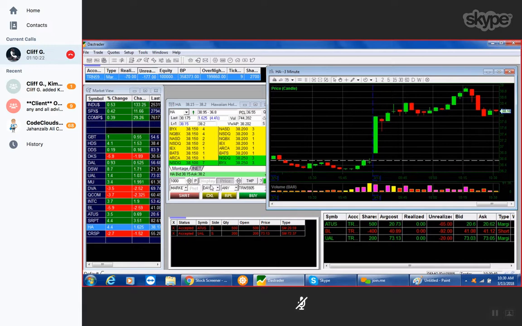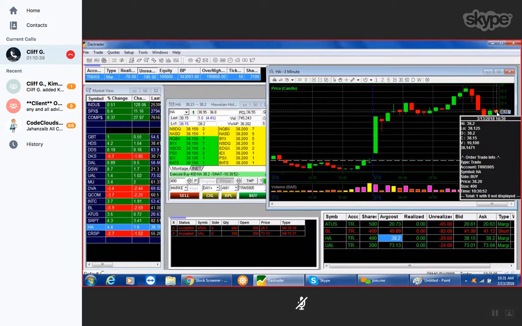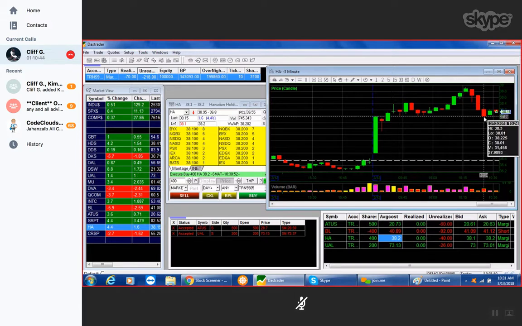Huh. Let's do something with this. Let's buy 400 shares at 38.20. So on HA, 400 shares. Oh man, as soon as I put the trade on, they open up the spread. But in any event, here's the green triangle for my entry. I'm going to come under 38 on the stop loss. Let's see what happens.